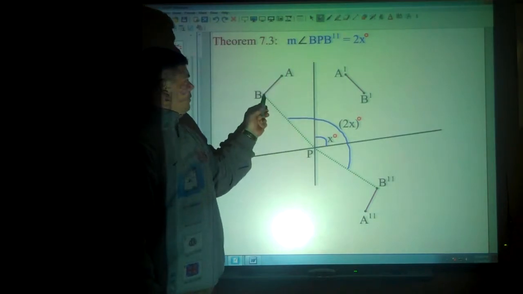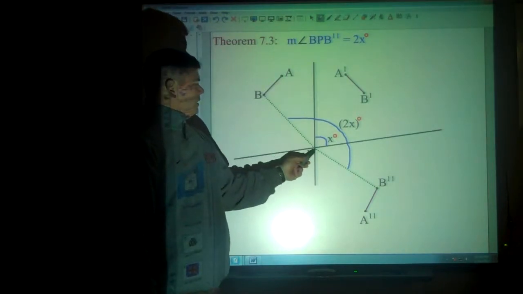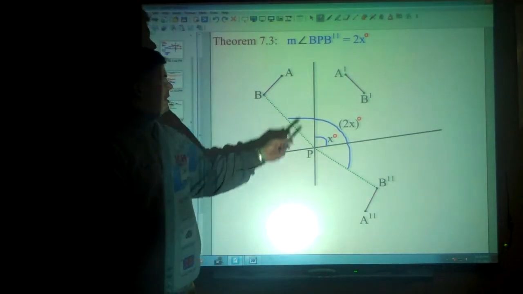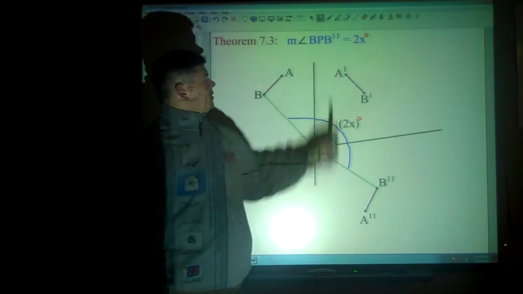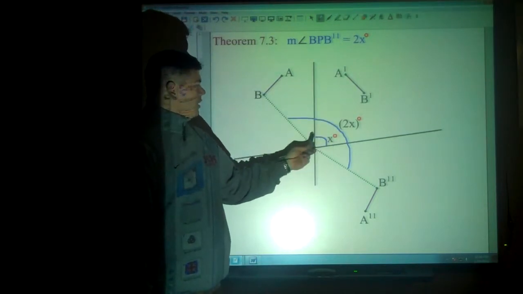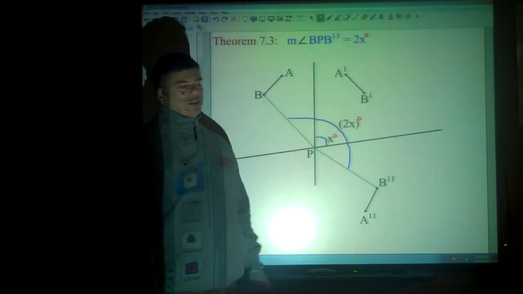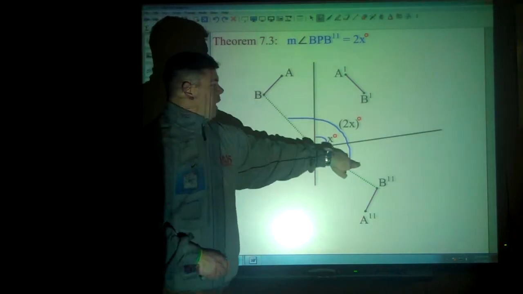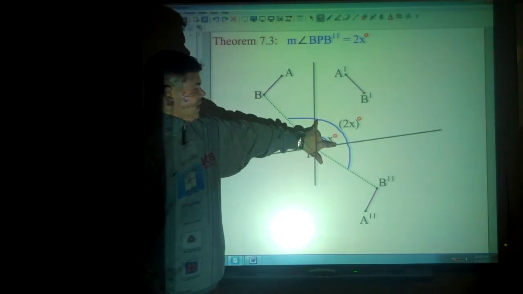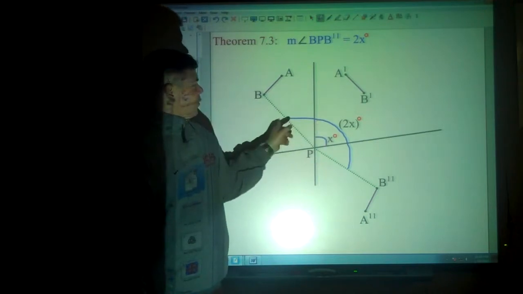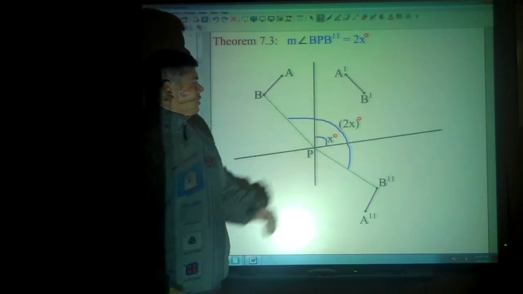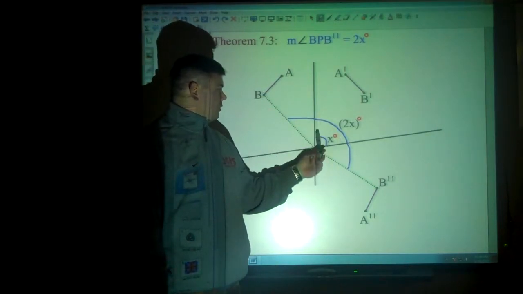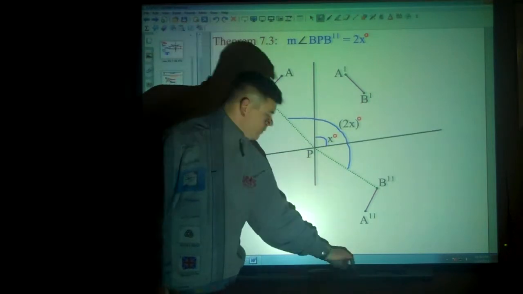So the measurement from B, to the center of the rotation, to the B double prime, is going to be twice as big as whatever angle is between the lines that it was being reflected over. That's a tricky formula. Just remember, if you reflect once and you reflect twice, whatever angle forms between the two lines we reflect over, we double it for the angle of rotation. So pretend that this angle right here was 40, then this would be an 80. If this were 90, this would be 180. It just doubles it.